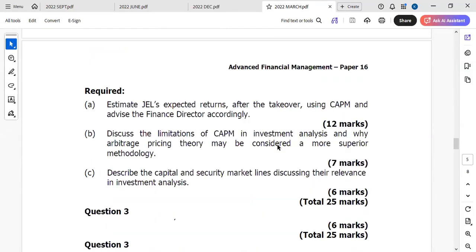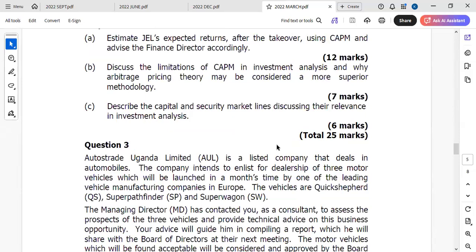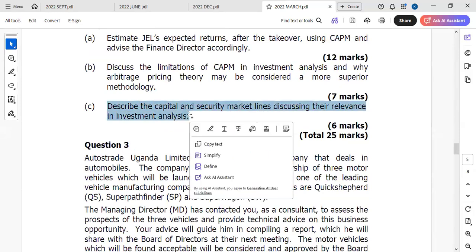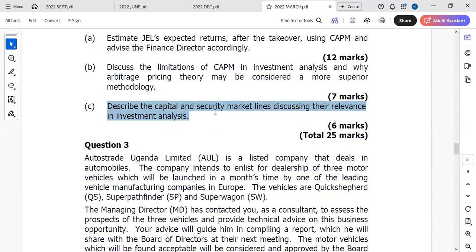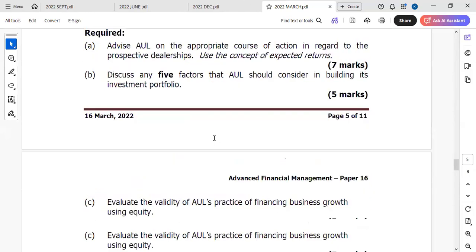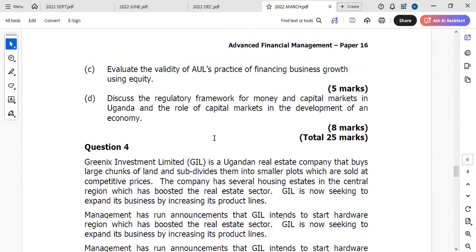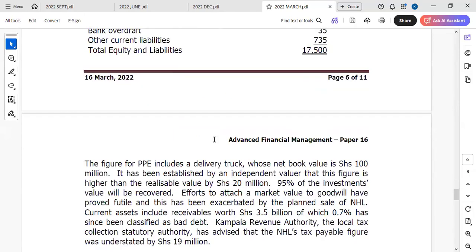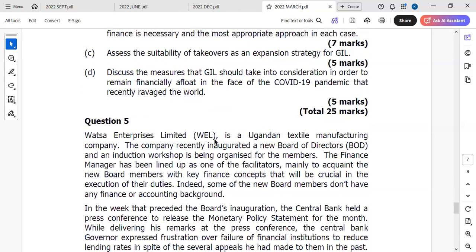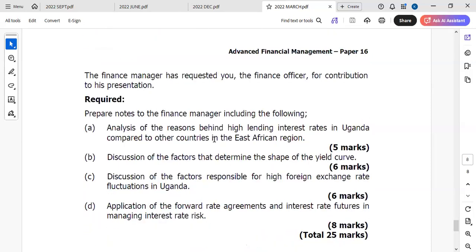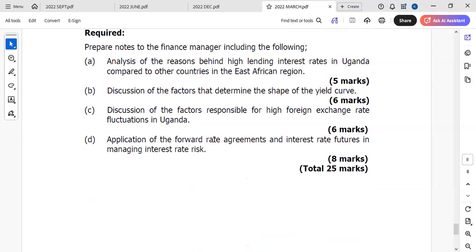March 2022, it was about this. Please read. This is capital market lines and security market lines, still 6 marks. And these are very, very good marks. You find that you know the calculation, but you don't know the theory.